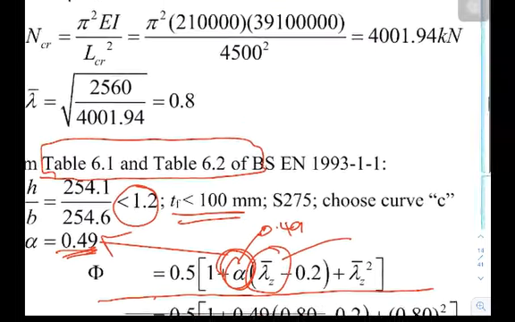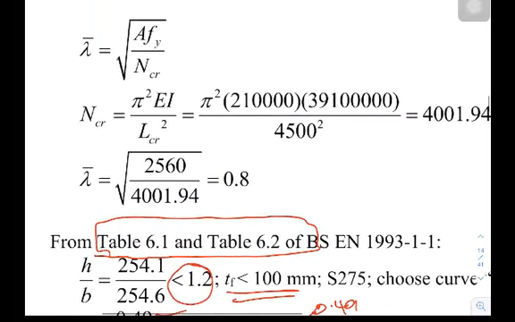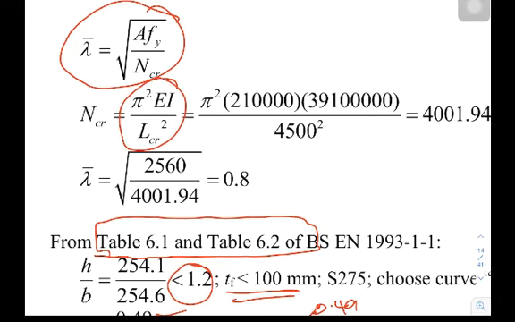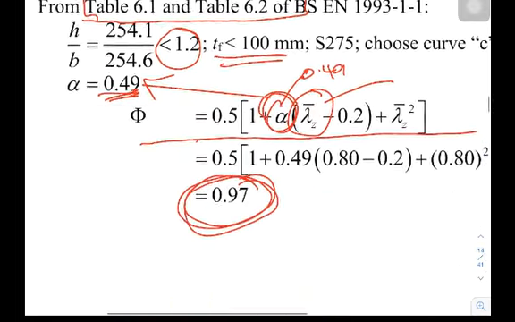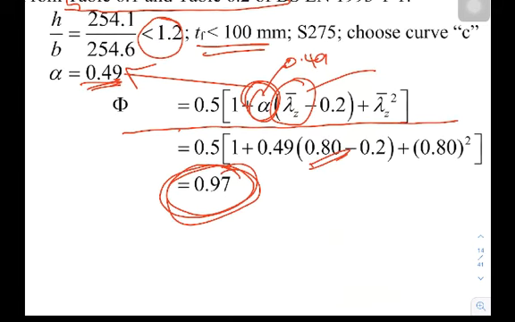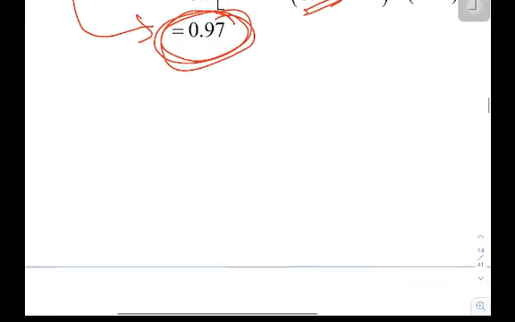It's been calculated here. Sorry. Here using this formula here, lambda bar Fy over NCR, and NCR is actually the Euler critical load, pi squared EI over L squared. So from that you have got the value of 0.8. Then you push the value here. Then this is where you got the value of phi equals 0.97.